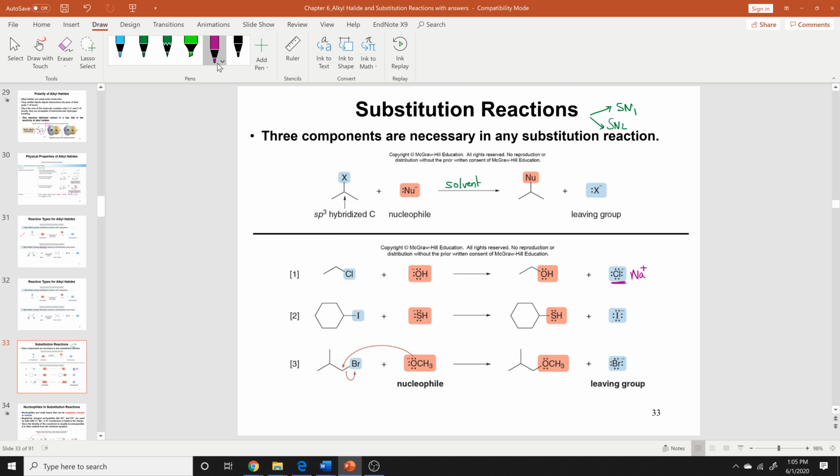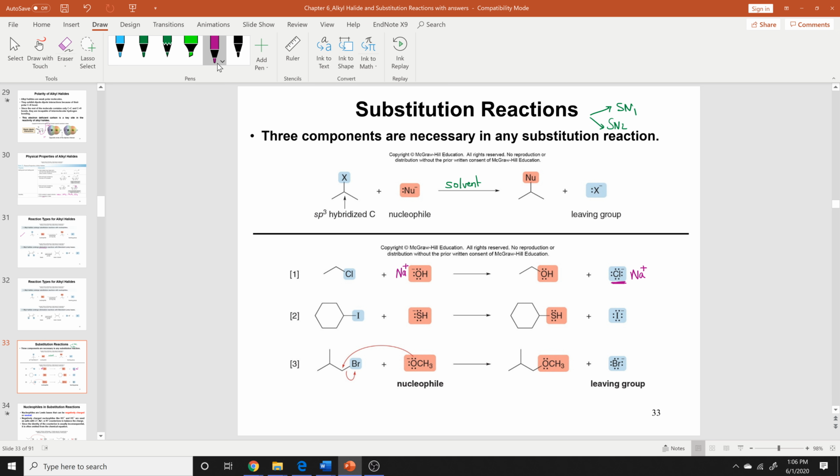We omit it from organic reactions for a reason, so we don't show it. We just show the balanced ionic equation without the positive counter ion. So any common ions, we just take them out. This is the way we express organic reactions, but they are there. Every time you have a negative ion, you have a positive counter ion to balance it.